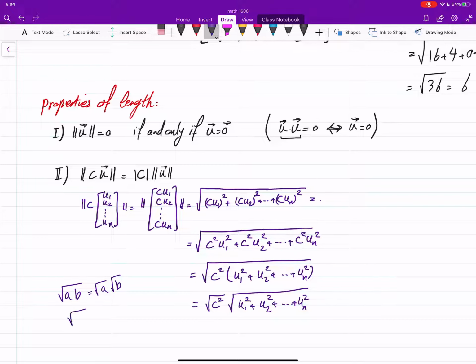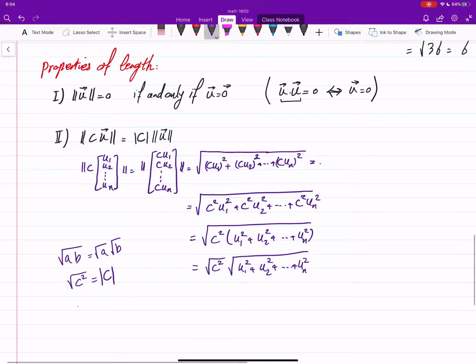The square root of a number squared, we have to be very careful. It's not just c itself, it's the absolute value of c. For example, try negative 1 squared: the square root of 1, which is 1. It's not -1 itself. It is the absolute value of -1. And this is where the absolute value of c comes out.